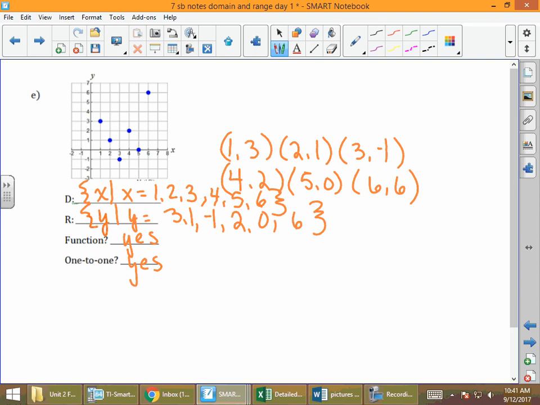If you happen to take math in college, your college professor probably will be. And maybe it's you as well. You want to say, well, negative 1, 0, 1, 2, 3, 6, if you want that in numerical order. But it's still representing the y values, which are the range.